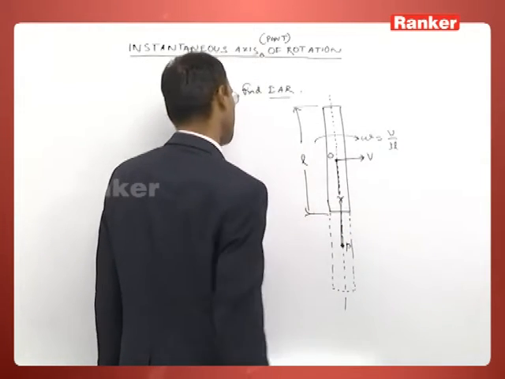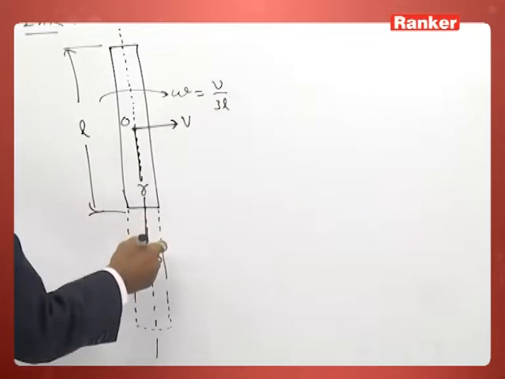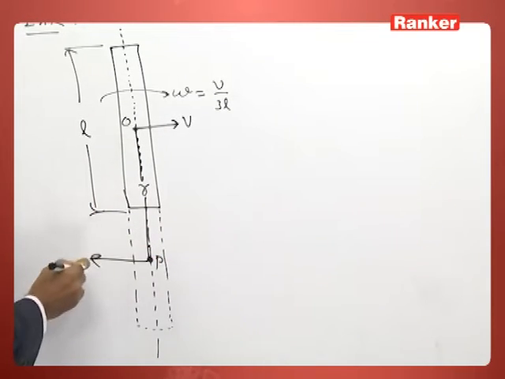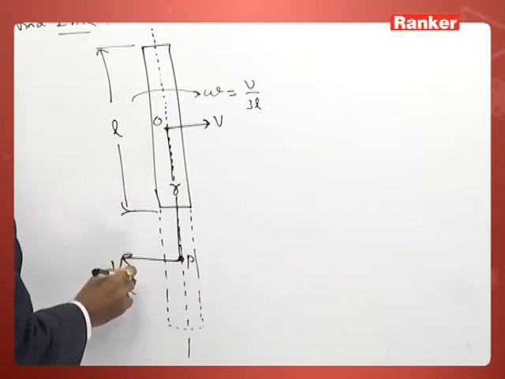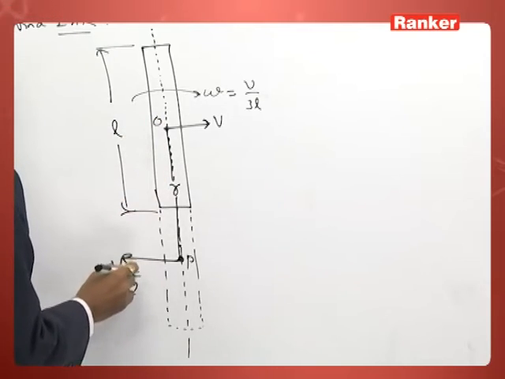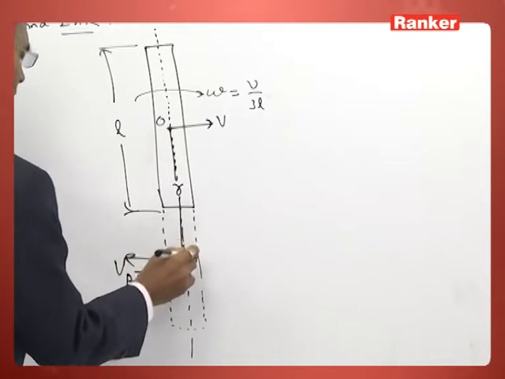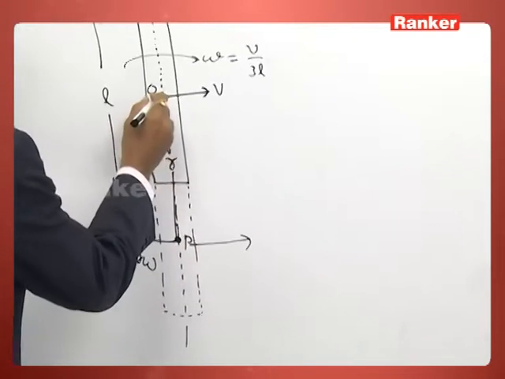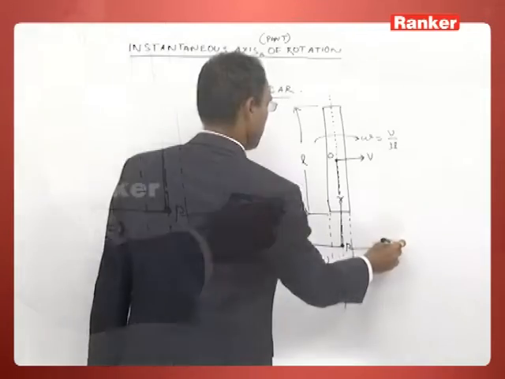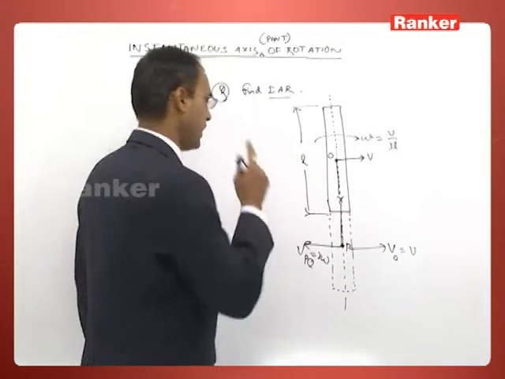This point P moves with the velocity Vpo with respect to O, which is equal to r into omega, and we bring the velocity of the point O, that's equal to V i cap.